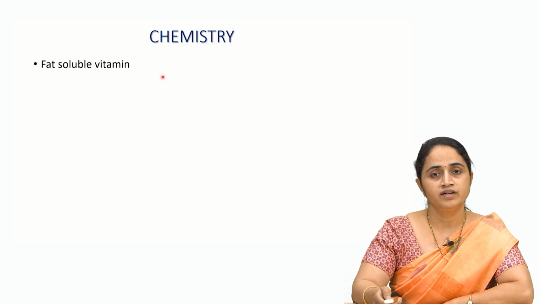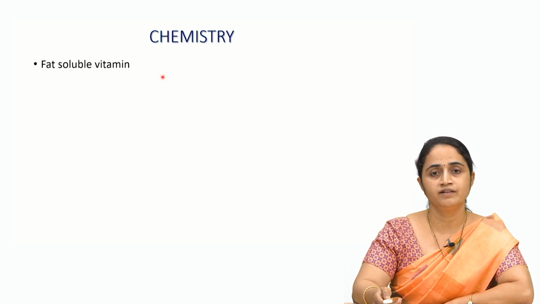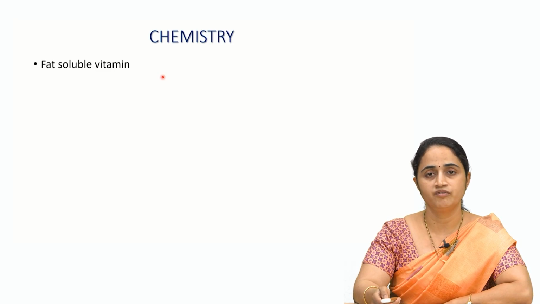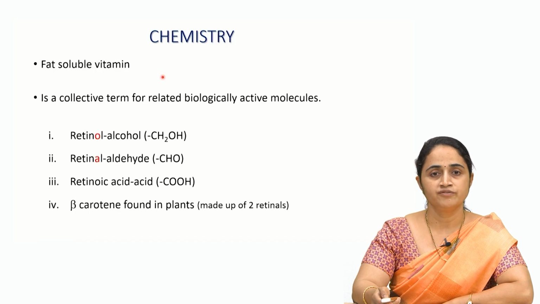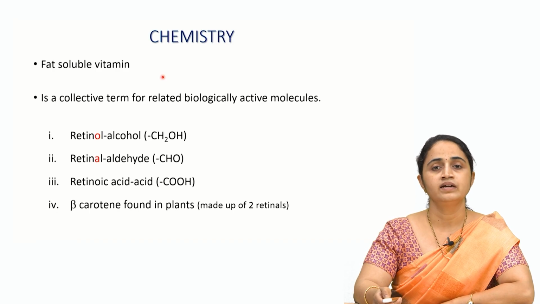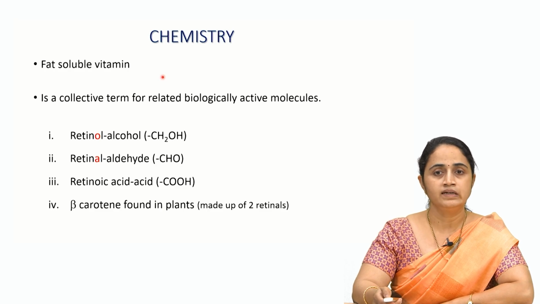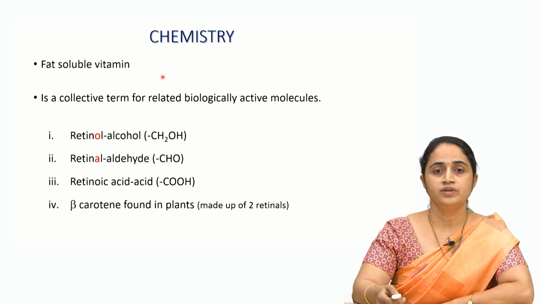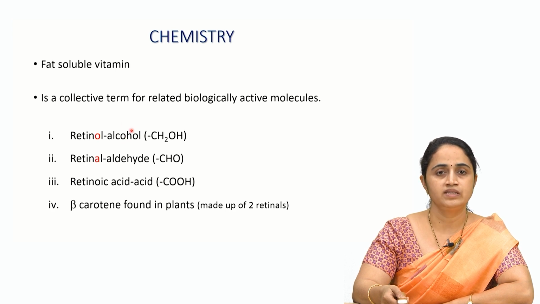So, there are different forms which are actively involved in the biochemical functions. There are 4 different forms of vitamin A. They are all related compounds, biologically related active molecules. In the form of retinol, retinol has alcohol attached to the side chain. So, this is the alcohol form of vitamin A, which is retinol.